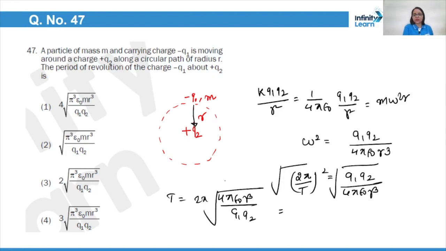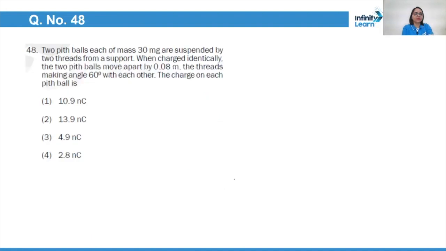Right, so you can take this pi inside and 4 outside. So it will be 4 under root pi cube epsilon naught r cube divided by, also we have m also over here, m into m divided by q1 q2. Right, so correct answer is option 1.